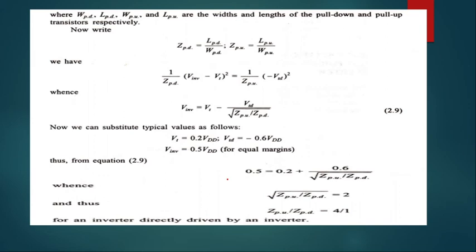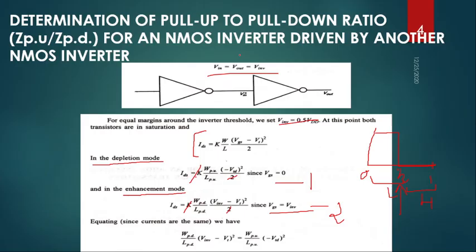Here WPD, LPD, WPU and LPU are the width and length of the pull down and pull up transistors respectively, where L upon W ratio is Z. So LPD upon WPD can be written as ZPD, and LPU upon WPU can be written as ZPU. Then the Z value is replaced in this equation.